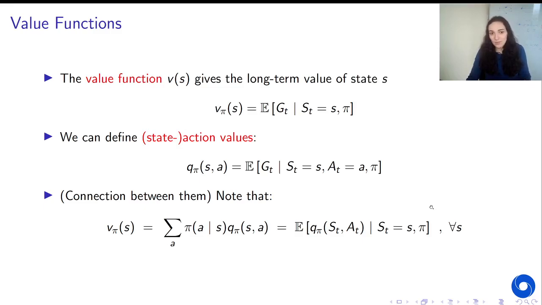And similarly, we're going to be introducing the Q value, or the state action value, which is exactly the same expectation, but now we're starting in state S, taking action A, and after that, for all of the other steps, behaving according to policy pi. And there's an intimate connection between these two, which is noted here, that the value function is the expected state action value under the policy that we are evaluating, pi.